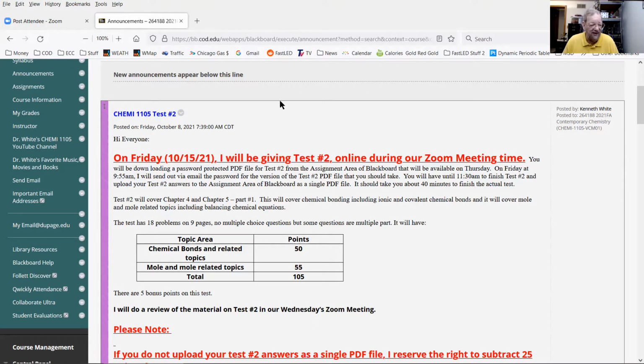On Friday at 9:55, give or take a minute, I will send out an email with the password of the version of the test 2 PDF file that you will take. There are going to be 2 versions again. You'll have until 11:30 a.m. to finish test 2 and upload your answers to the assignment area on Blackboard as a single PDF file.